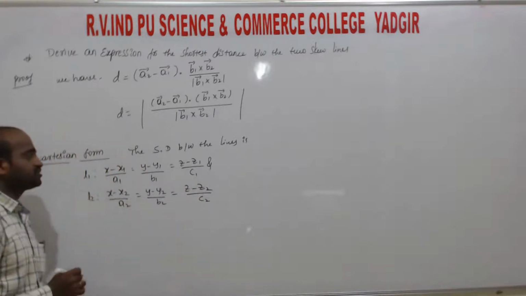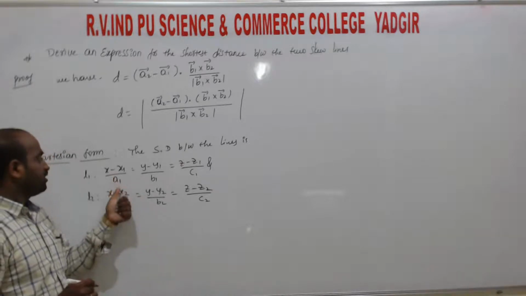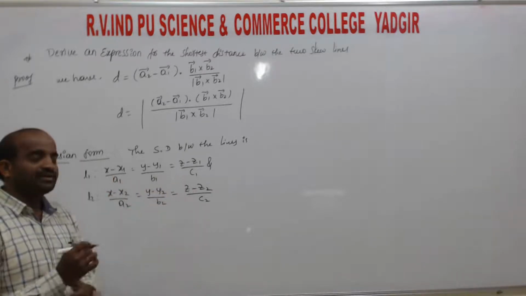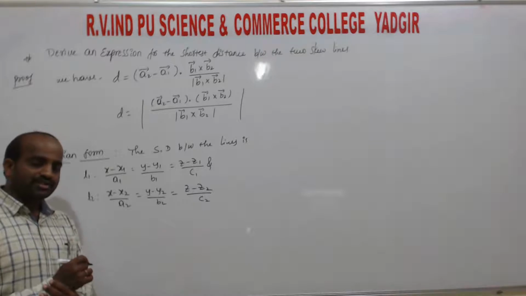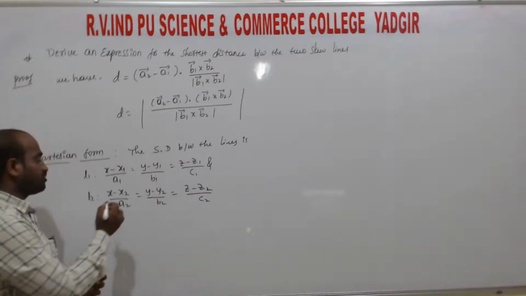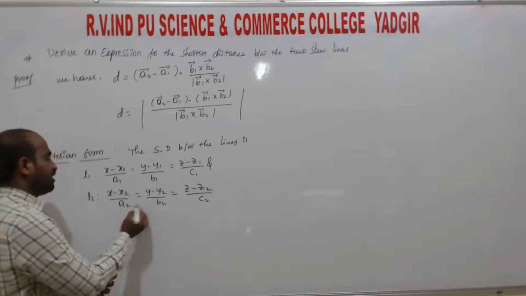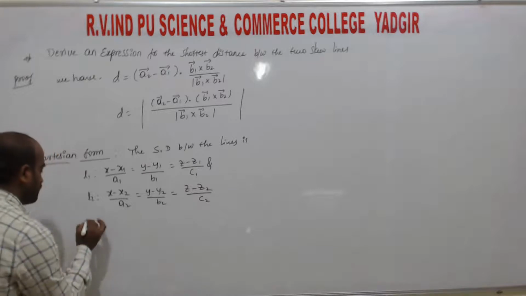For the shortest distance between these two lines in Cartesian form, a1, b1, c1 are the directions of the first line. The first line passes through the point x1, y1, z1. The second line passes through the point x2, y2, z2, with direction a2, b2, c2.